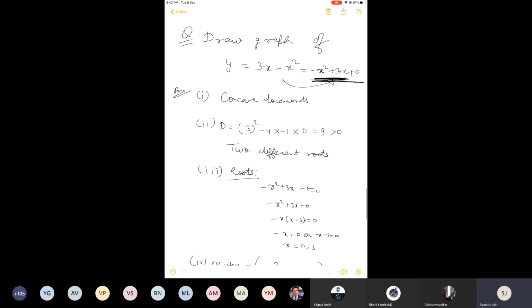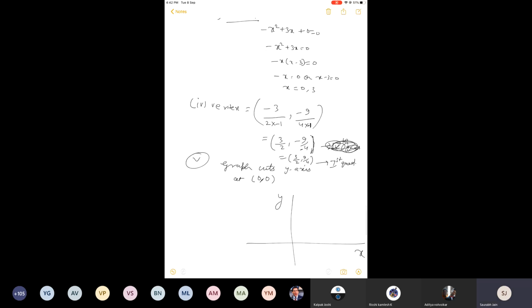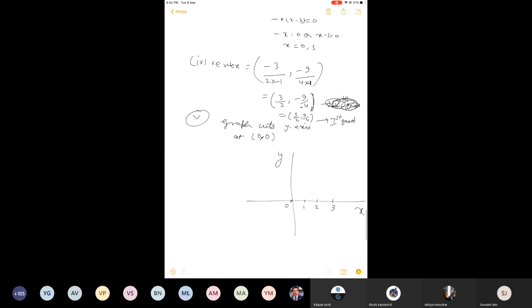The shape is concave downwards. Two places, two roots. Roots are 0 and 3. And actually this is the graph. This point is 3 by 2 comma 9 by 4.